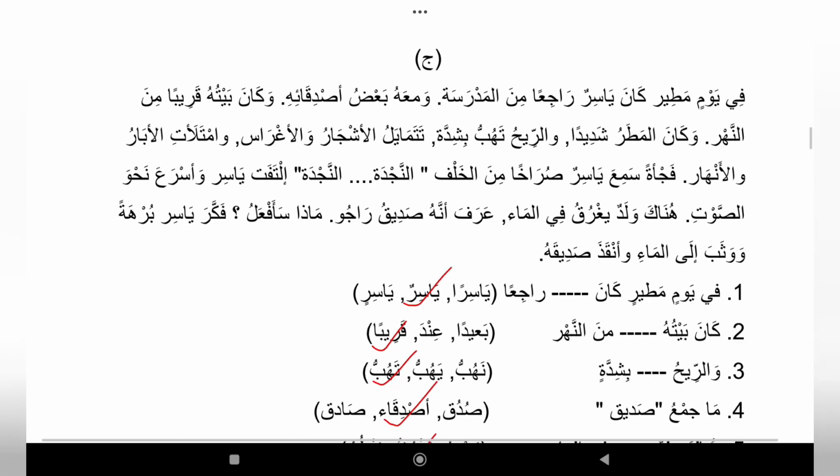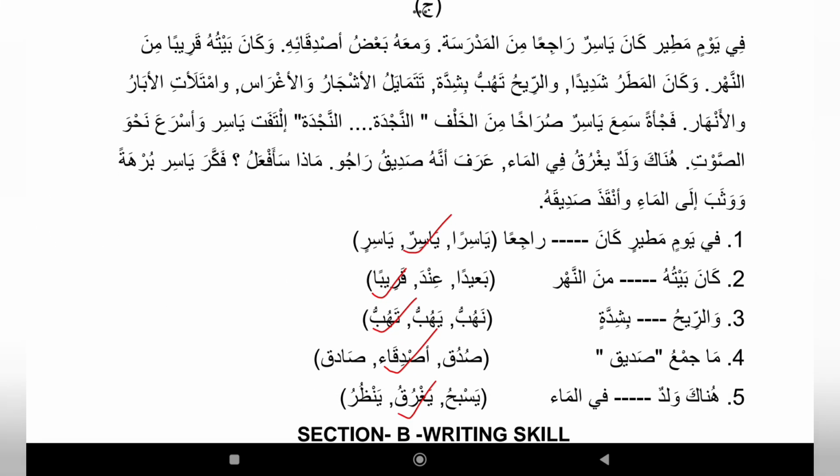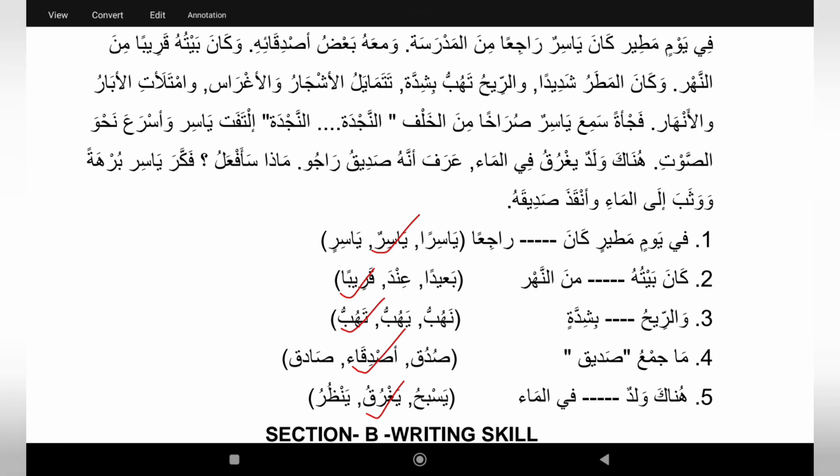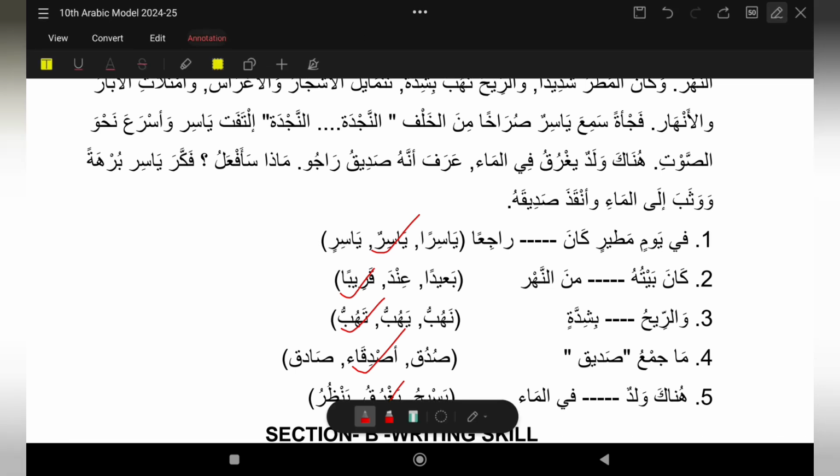Then we get a question like this, the fourth question: ma jam'u sadiq? Sadiq means friend. Jam'u means plural. So what is the plural of friend? Sadiq, that is asdiqa, friends.